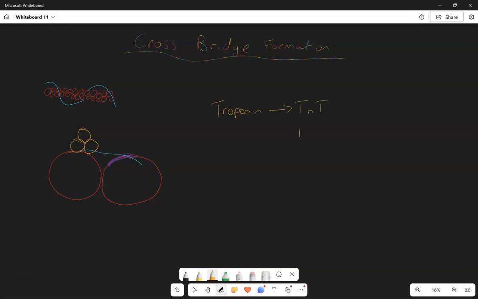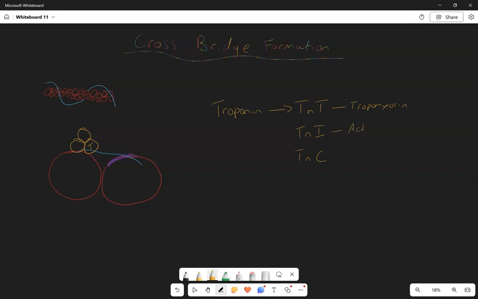They are TNT, TNI, and TNC. Now, TNT binds to tropomyosin. So that's the one that is attached to that tropomyosin, right? So this would be the T subunit here. Then there's TNI, and this is the one that binds to actin.